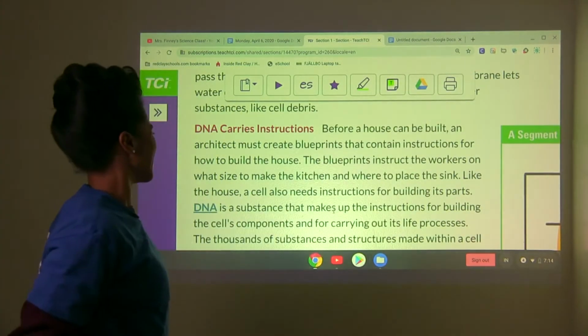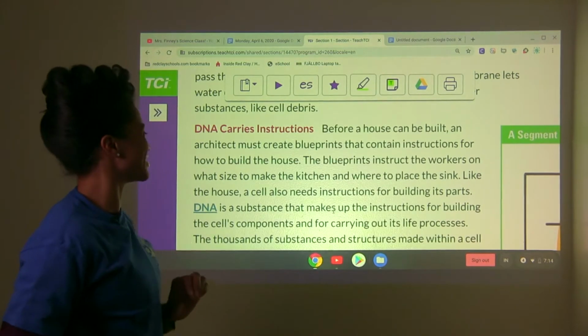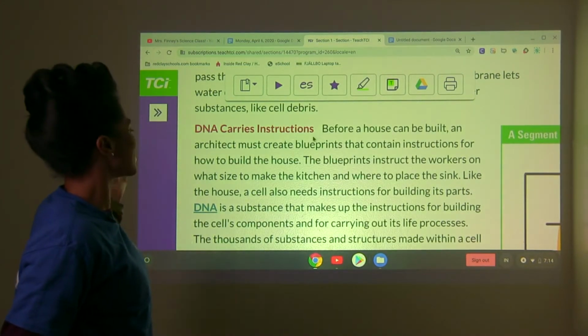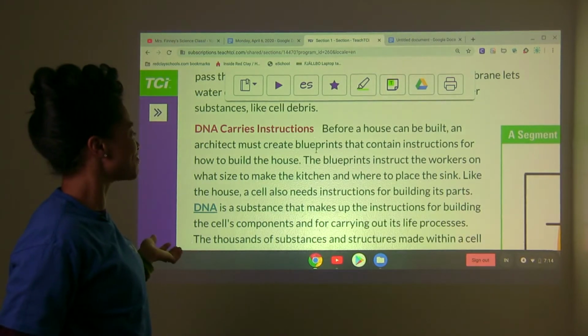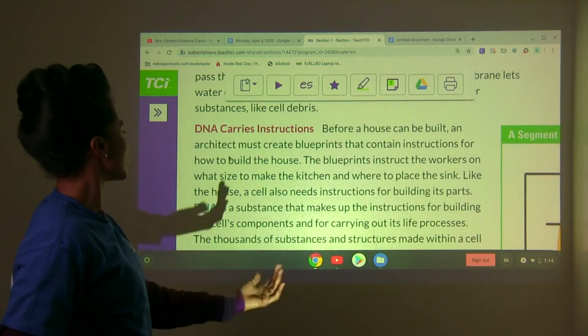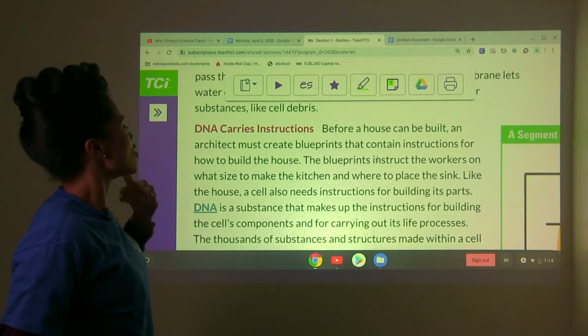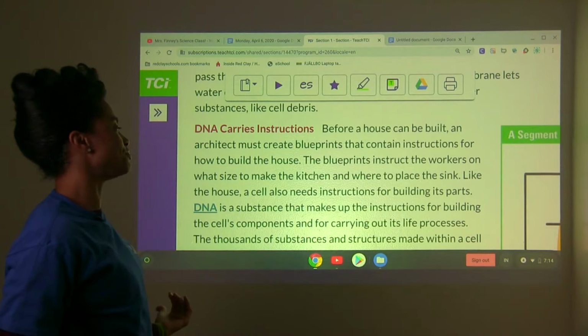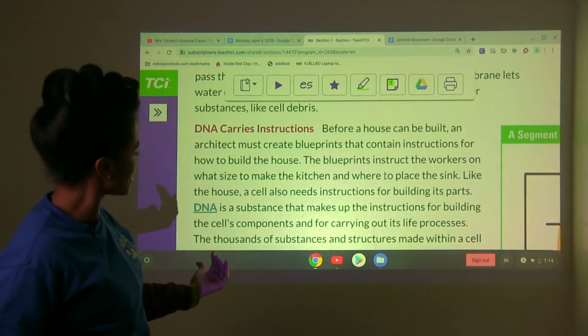DNA carries instructions. Before a house can be built, an architect must create blueprints that contain instructions for how to build a house. The blueprints instruct the workers on what size to make the kitchen and where to place the sink.